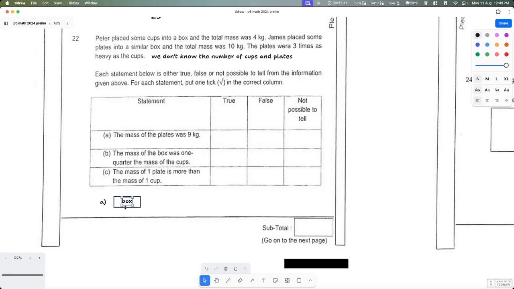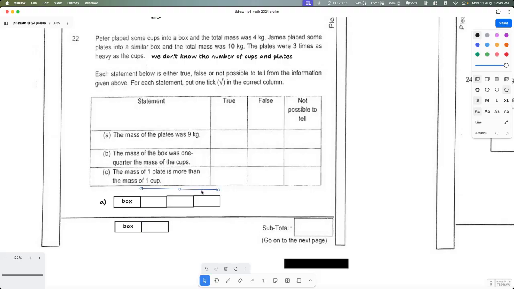So we have this box and we also have another box. In both boxes, I'm going to copy and paste this over here. The plates were 3 times as heavy as the cups. So 1, 2, and then 3. I'm going to write here plates, and over here this is cups.